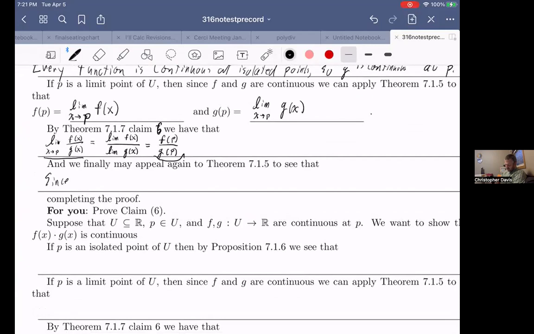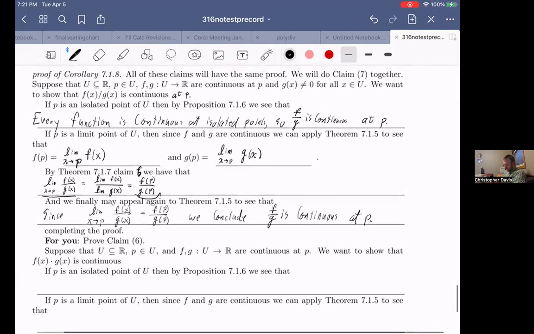Since the limit as x approaches p of f of x over g of x is equal to f of p over g of p, we conclude that f over g is continuous at p.